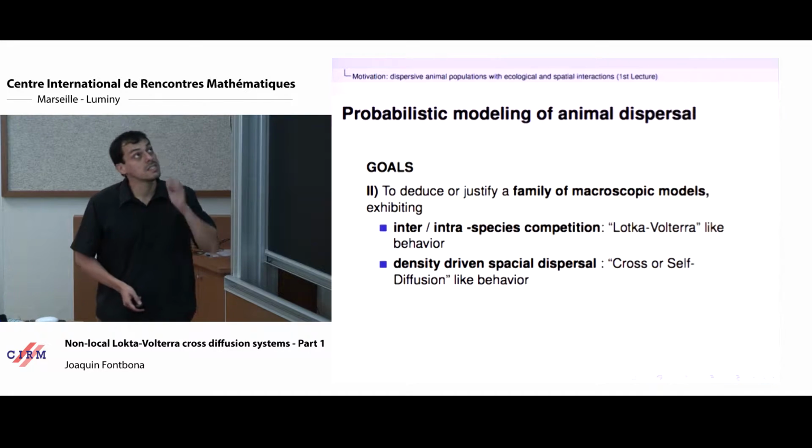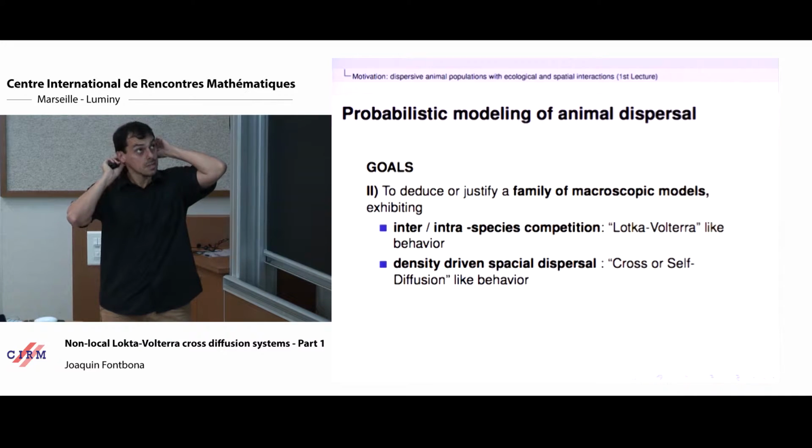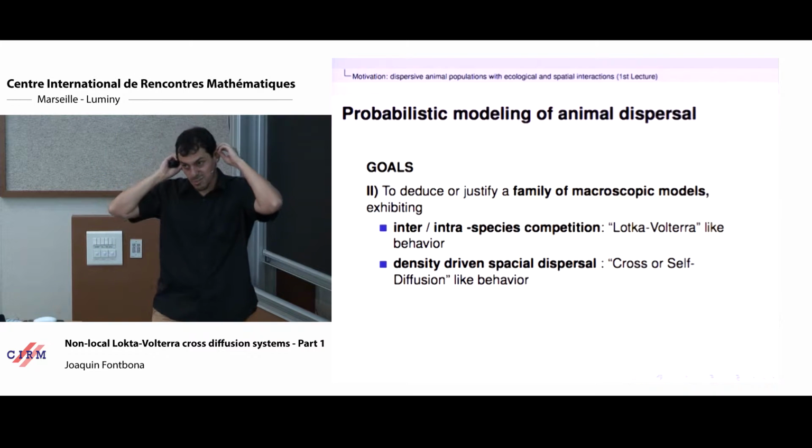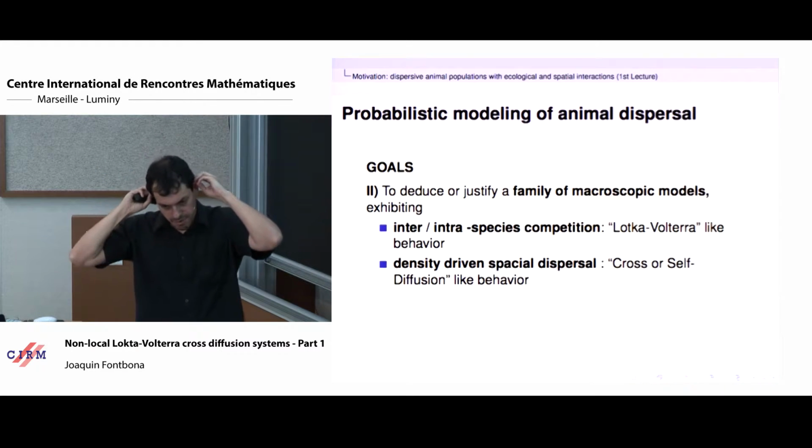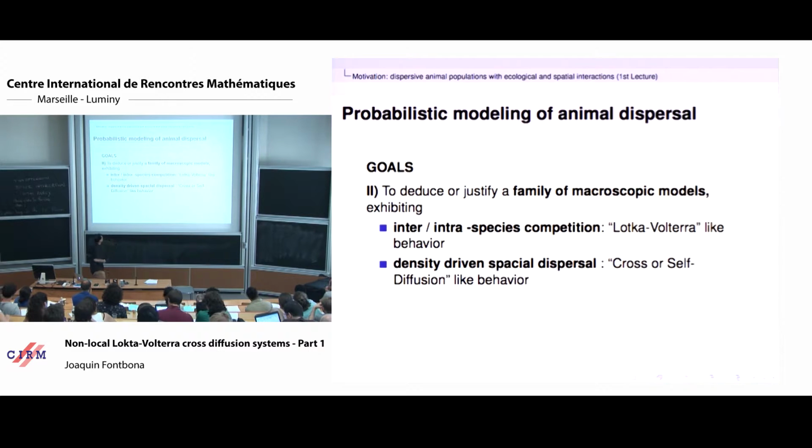Once we have this individual-based model, the idea will be to derive, or justify, a family of macroscopic models, which in the setting I will study will turn out to be deterministic models, so PDEs or integro-partial differential equations.